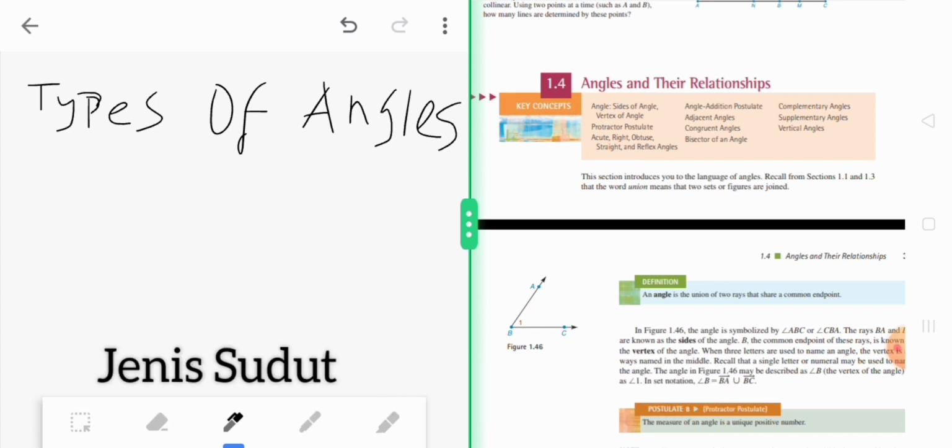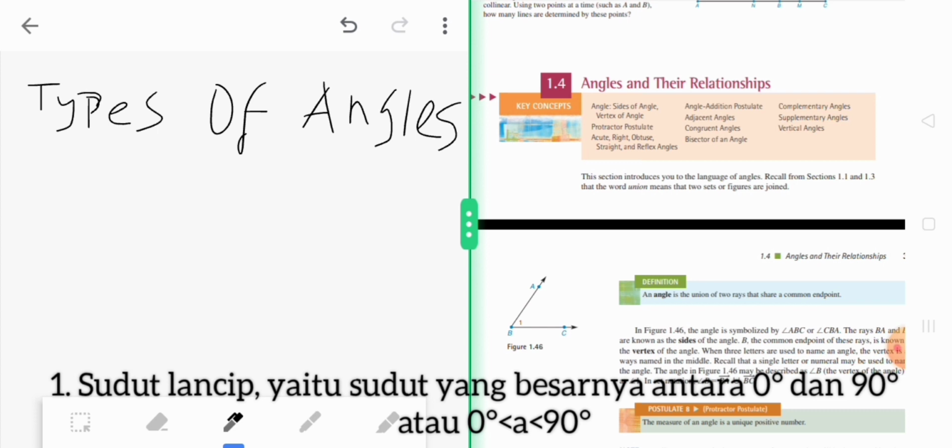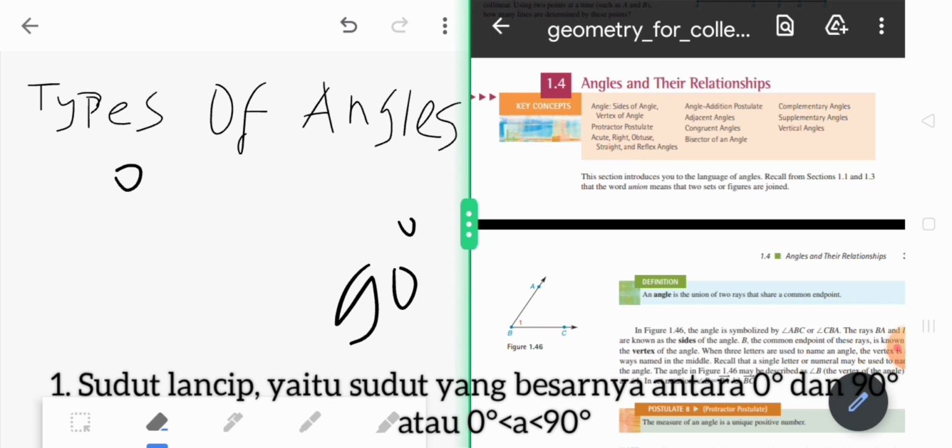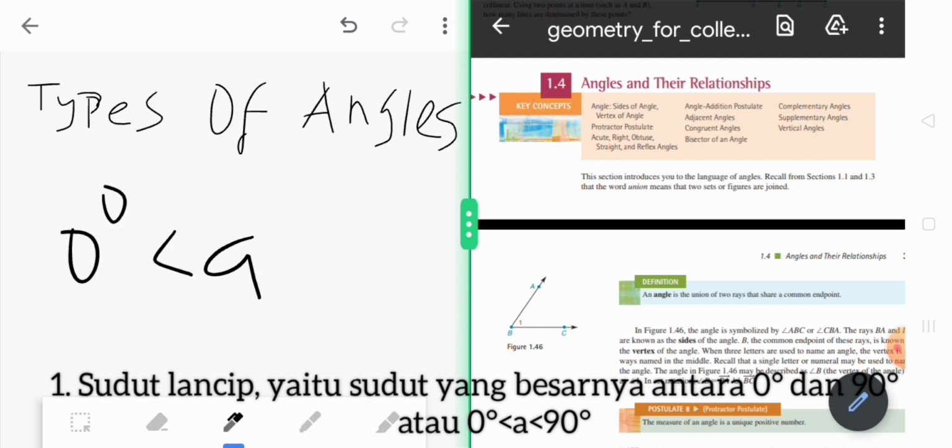Types of angles. 1. An acute angle, which is an angle with a magnitude between 0 degrees and 90 degrees, or 0 degrees less than A less than 90 degrees.